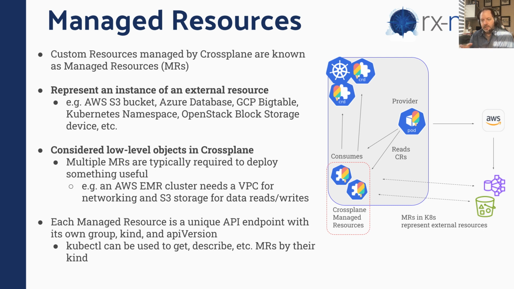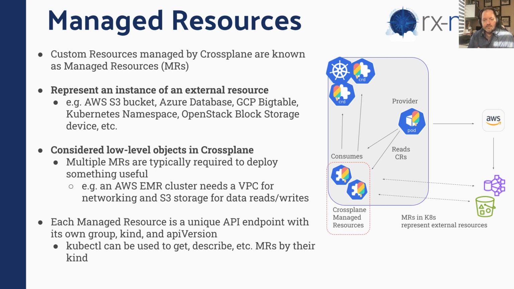Because these managed resources are really building blocks to much larger services, they're considered low-level objects in Crossplane, right? If I want to deploy something useful, in a lot of cases I will need multiple managed resources. In our example here, we have an EMR cluster, so Elastic MapReduce cluster in AWS.